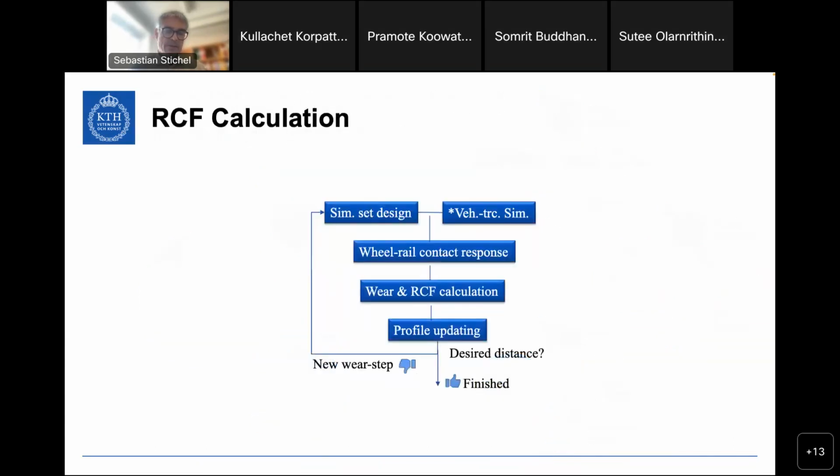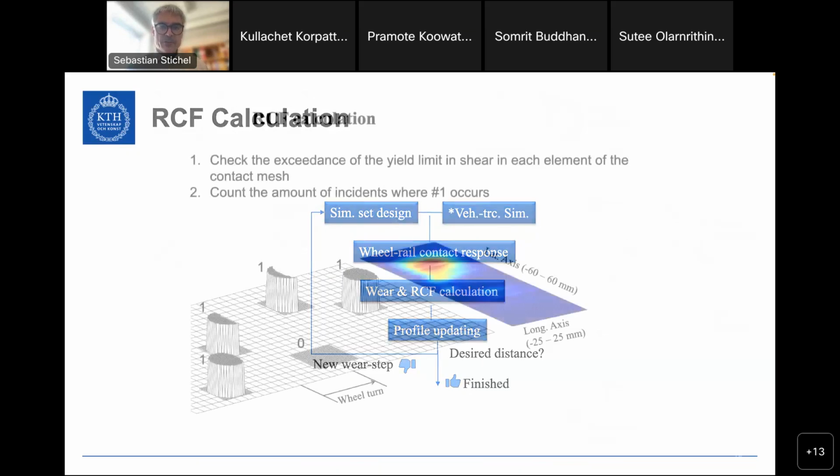And similar to what I showed earlier, we calculate the wear of the wheels, so the change of the wheel profile, calculate the crack initiation, and after some time we update the wheel profile. And when the desired running distance, mileage, is reached, we finish the calculations.